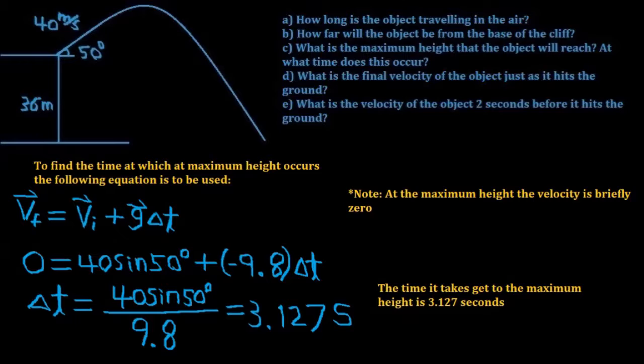At what time? In this case, we can use the equation where velocity final equals velocity initial plus gravity multiplied by time. We already know the initial velocity of the vertical component, and we know gravity, so time is the only unknown. Once we manipulate it around, we get the time.